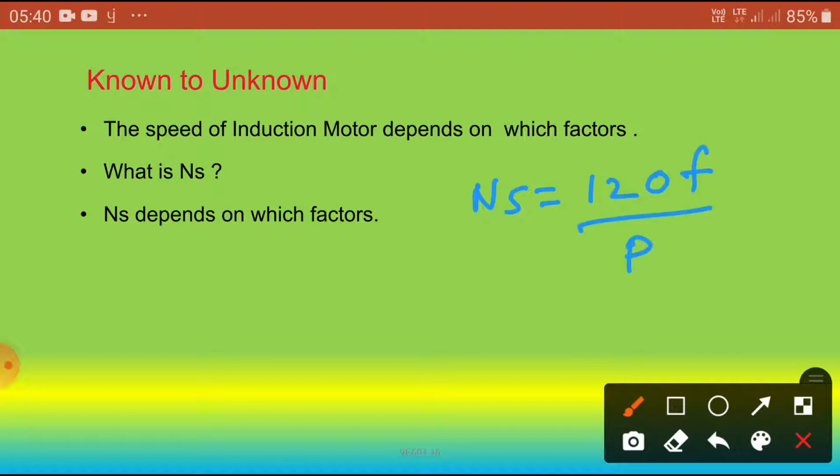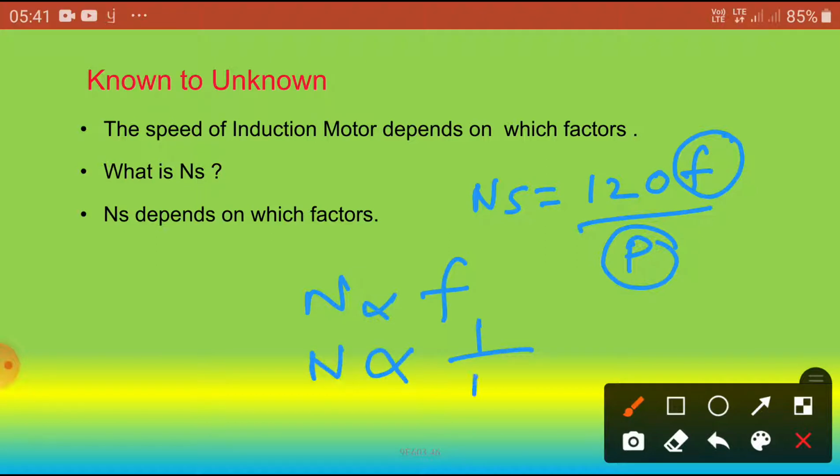That means the speed of the motor depends upon the frequency and the number of poles. Speed is directly proportional to the supply frequency, and inversely proportional to the number of poles. If you increase the frequency, the speed will increase. If it decreases, the speed also decreases.